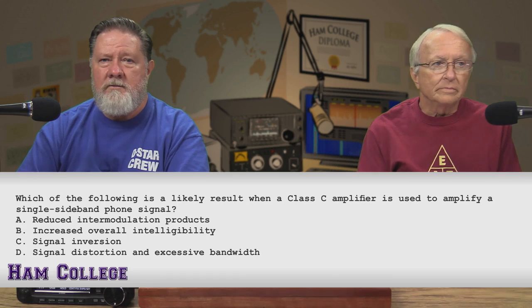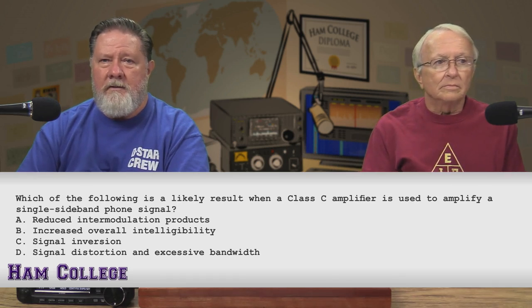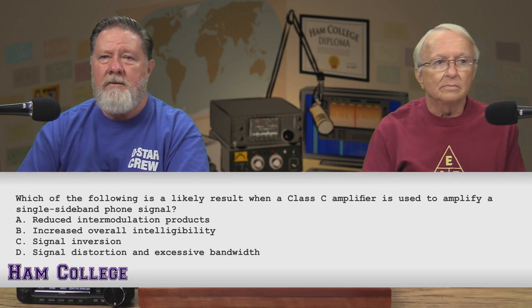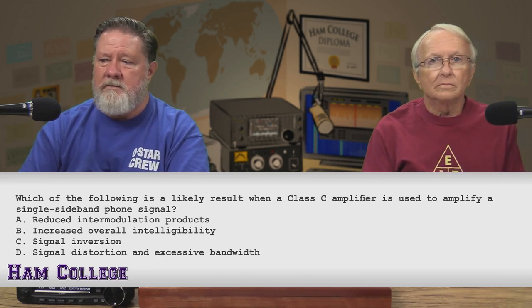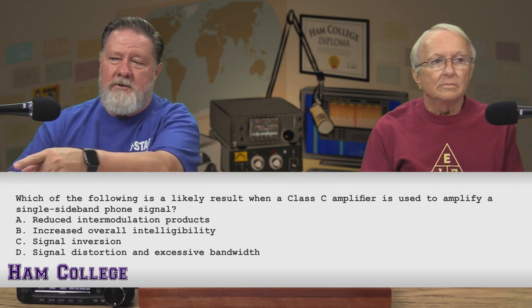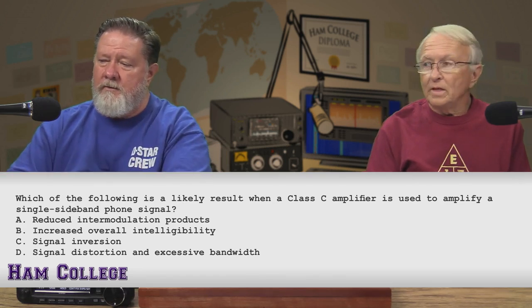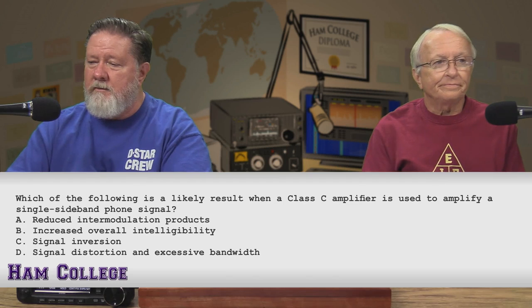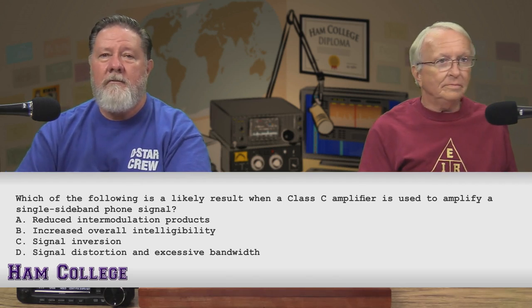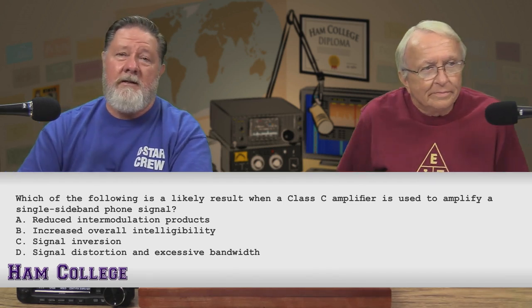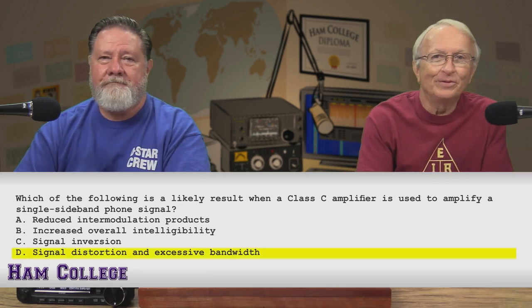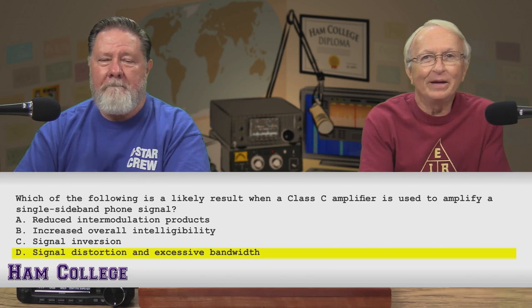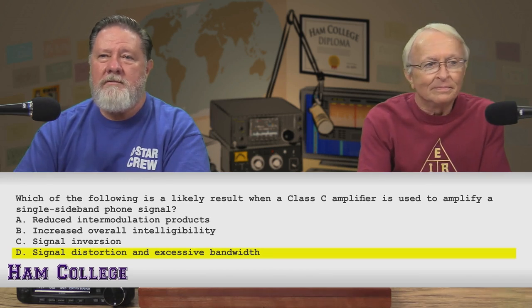D, signal distortion and excessive bandwidth. That's got to be the answer. And I didn't cheat, because you see my screen went off right there. Of course, there's a lot of answers on there. I'm going with D. It might not be it, but that's the one that makes sense to me. That makes sense. Yeah.